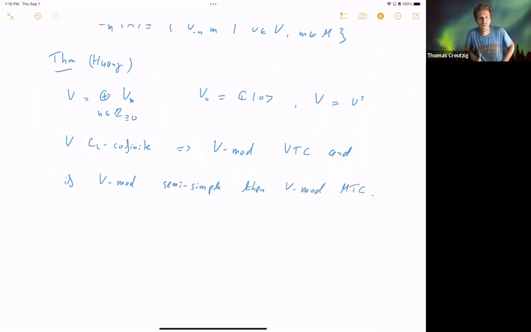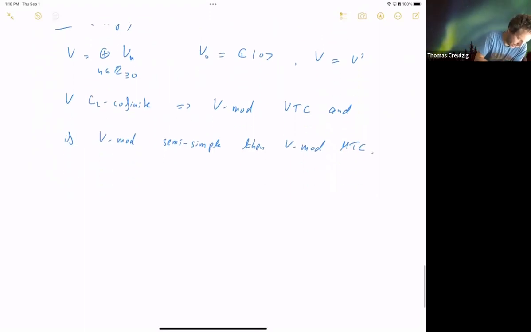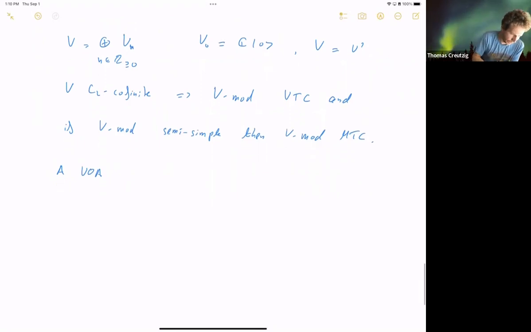Okay, so I think we all know this, and this is really nice. But the problem with it is, if you look at the moduli space of VOAs, I mean, if you look at the VOAs you can construct, then you very well know that a VOA is very rarely C2 cofinite.